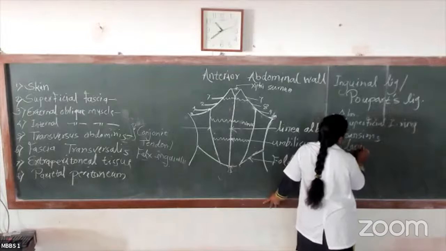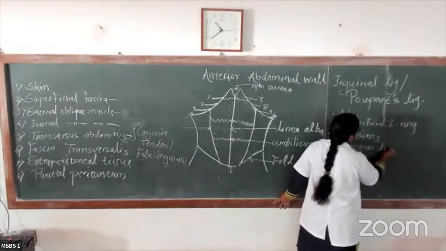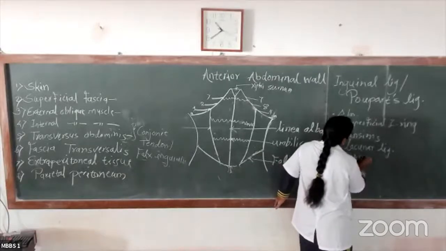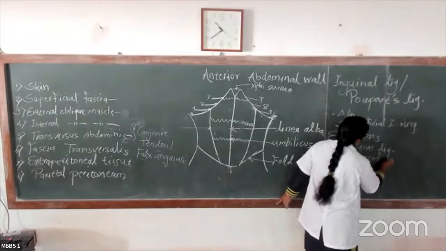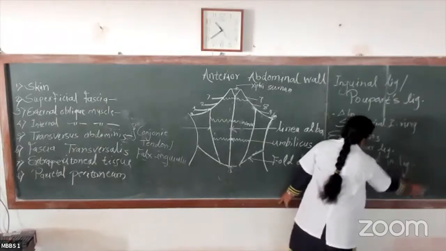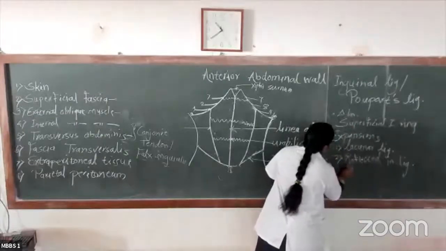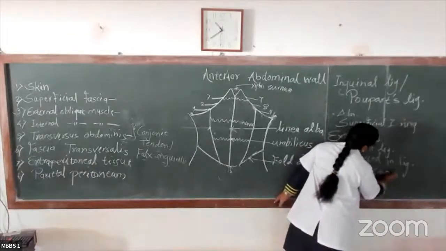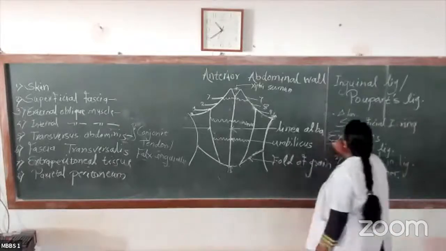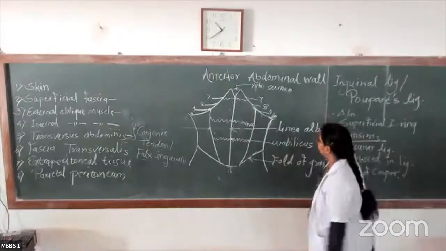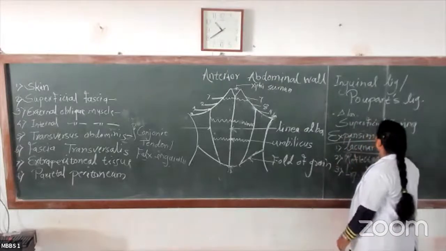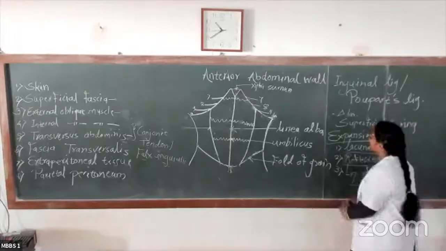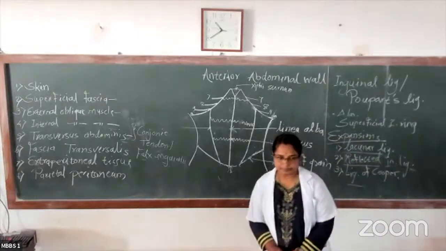First is the lacunar ligament, second is the reflected part of the inguinal ligament, and third is the ligament of Cooper. So, the medial part of the inguinal ligament represents three expansions: the lacunar ligament, the reflected part of the inguinal ligament, and the ligament of Cooper.